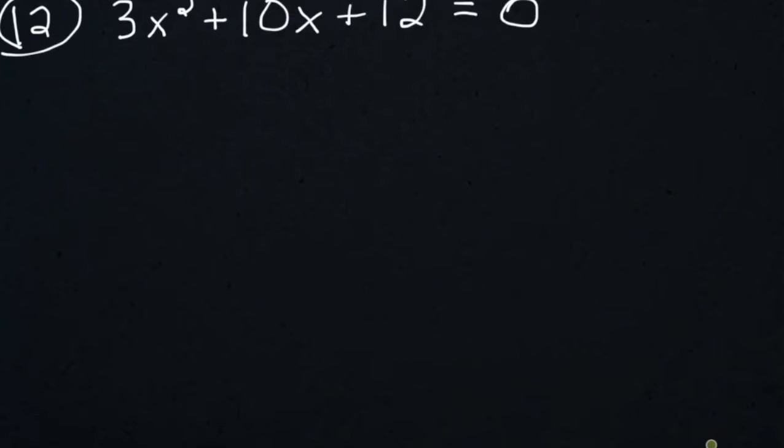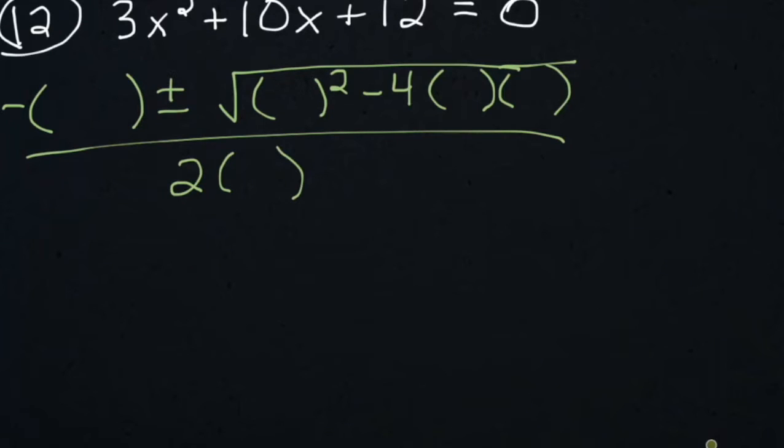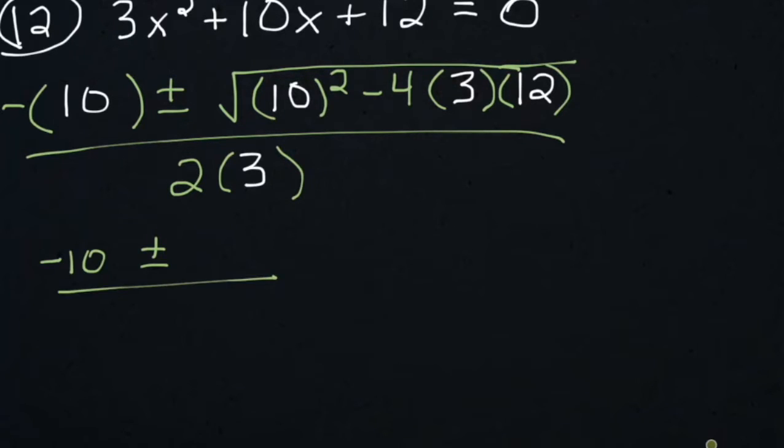Number 12, is it equal to 0? Yes. Label A, B, and C. Write down your formula. Now we plug in our numbers. B is 10, A is 3, C is 12. Now we can simplify. Alright, negative 10 plus or minus the square root, and 2 times 3 is 6.